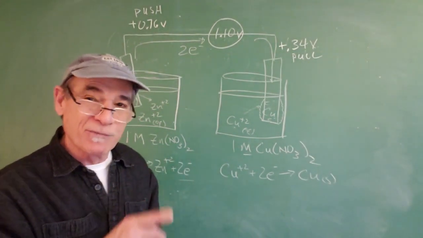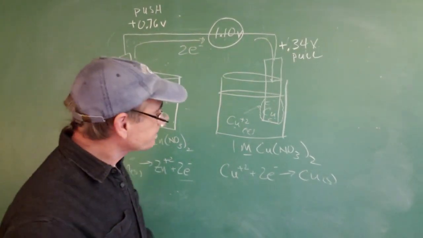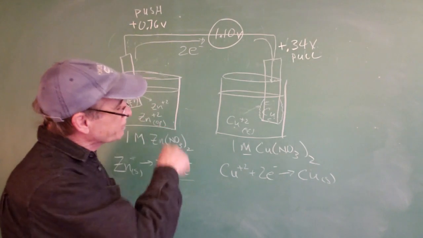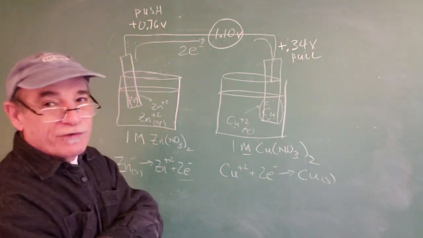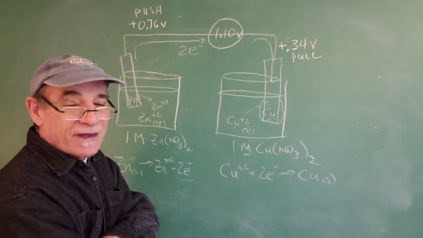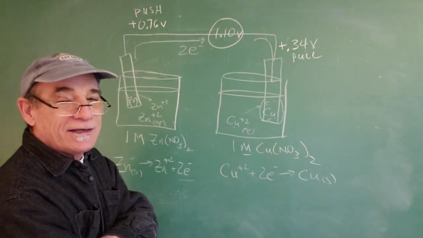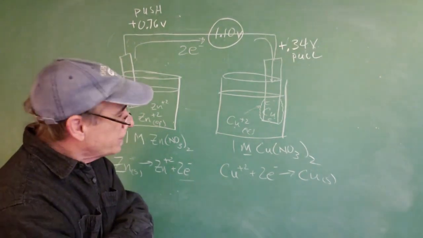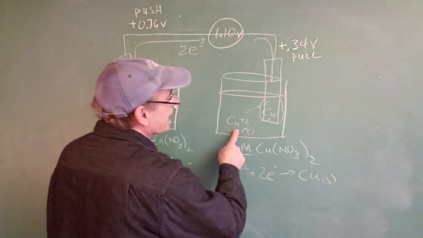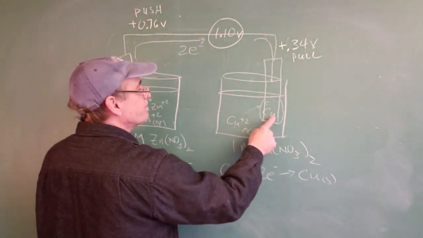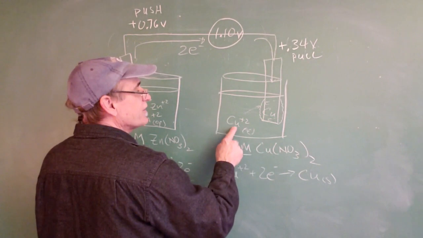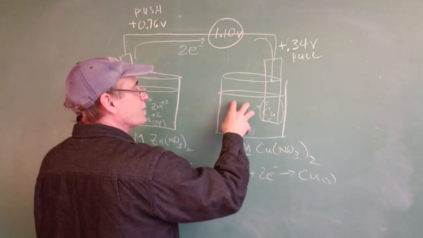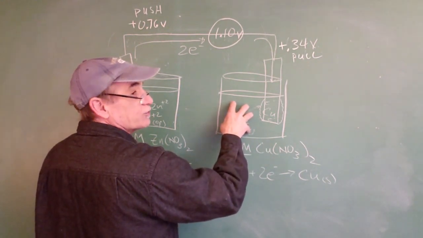Now I have to explain something about batteries here first. The way that we've got this battery set up, it would only run for a few seconds and it would just stop. And it turns out it's a charge imbalance problem, because as copper plus 2 ions exit this solution, remember that they came to the dance with nitrates, so there's an equal number of cations and anions in this solution.